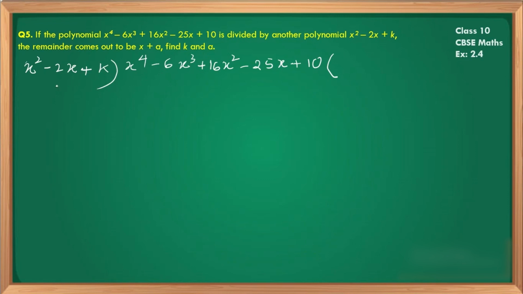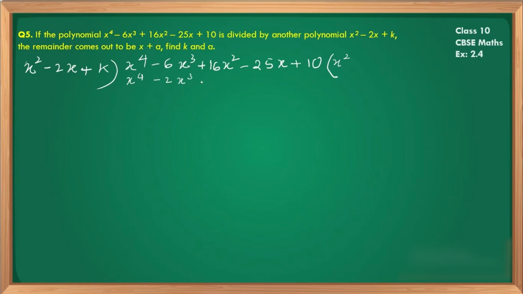Now we'll start dividing. x square should be multiplied with another x square to get x to the power 4. Now further multiplication is x square minus 2x gives you minus 2x cubed. Now x square plus k gives you x square k.